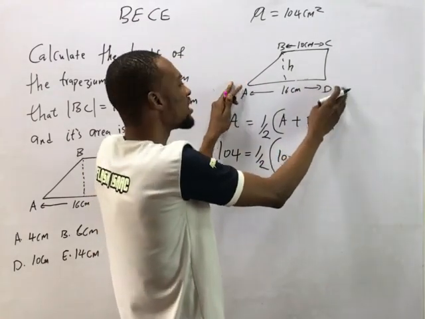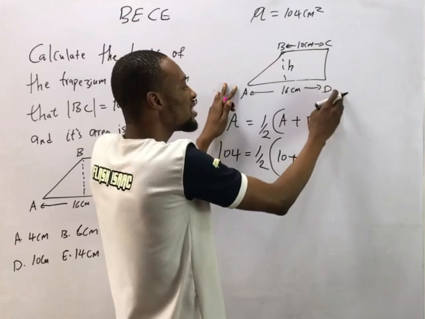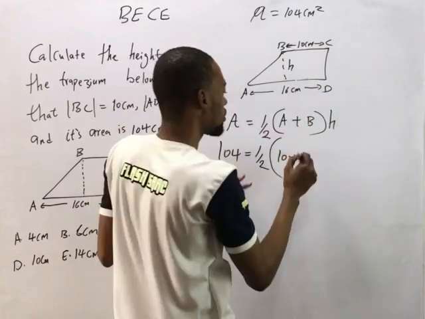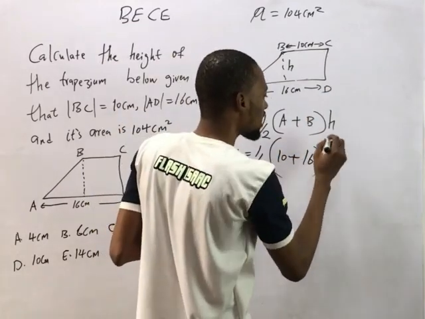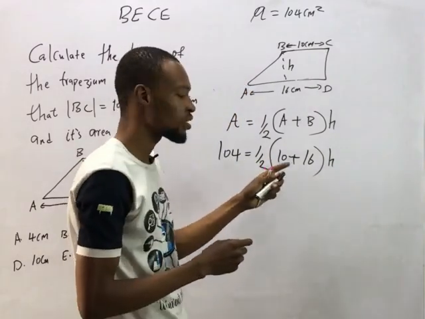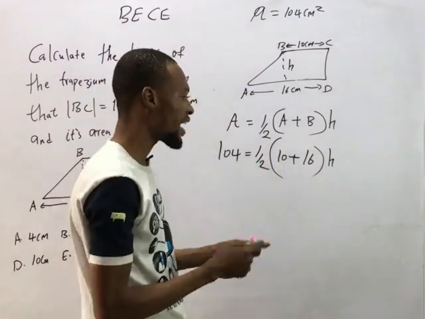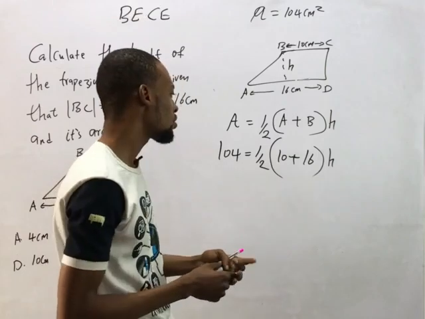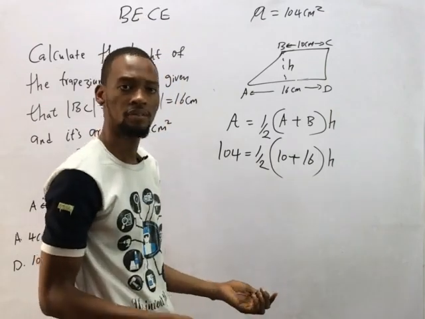So any value they give you here is B. So AD is what will be used. So this will give you 60 times H. In this question, we are not given H, the height. So we are asked to look for the height, and we are given every other thing. So this means we can look for the height.